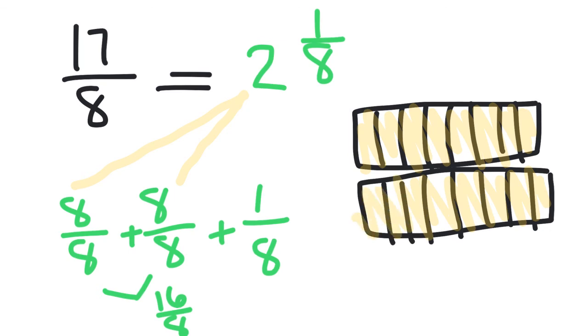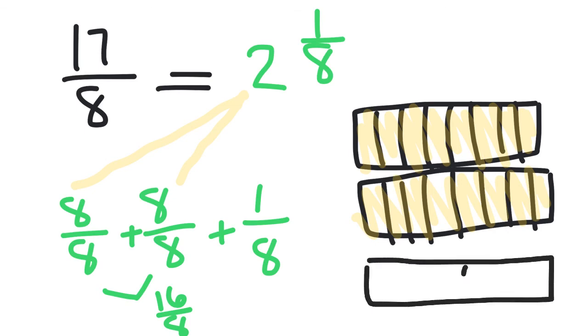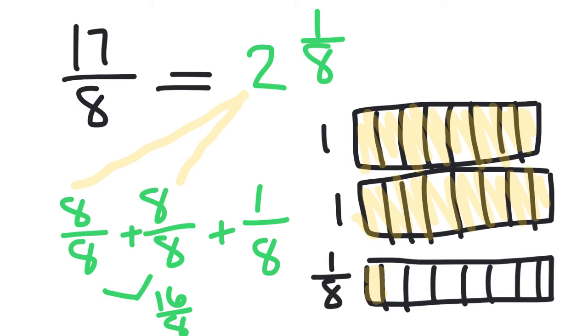And then I still need a 17th. So I need to draw 1 more bar, separated into eighths. But this time I'm only coloring in one of them. So that's a picture of 17 eighths. And was our answer correct? Yes, because look, I see 1 whole, another whole, and 1/8, which is the same that I wrote. 2 wholes and 1/8. That's it.